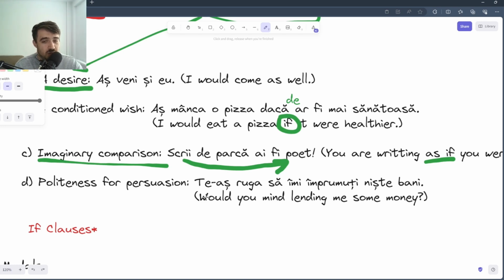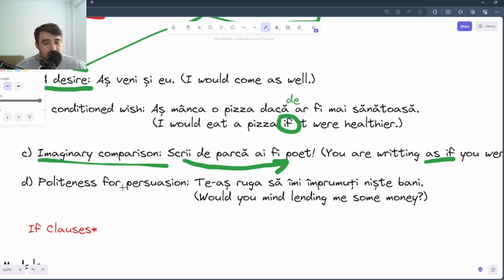The way to address somebody when you want something is with a conditional, because of, again, the avoidance to be direct. You are not sure if they would lend you the money, yeah? Or maybe you're too shy, or maybe you think it's too big of a deal, and you use this conditional.